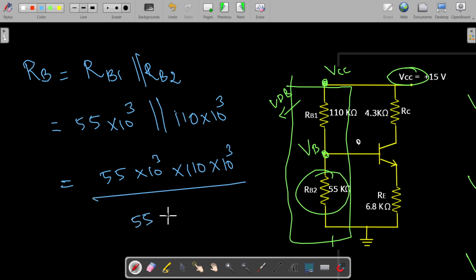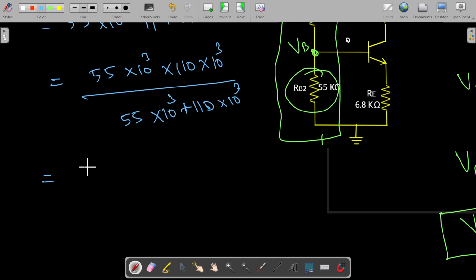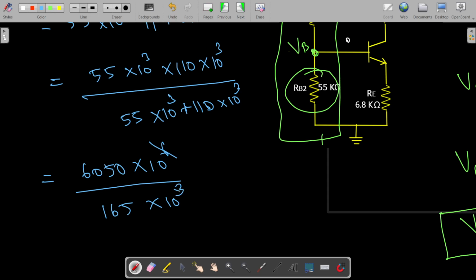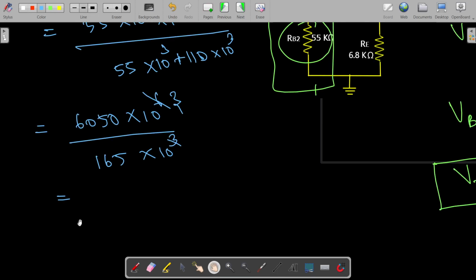So 55 times 10 power 3 plus 110 into 10 power 3. So this is equal to 6050 into 10 power 6 divided by 165 into 10 power 3. Cancel out this 10 power 3. And here you will be getting this as 36.67 kilo ohms. So this is your RB.